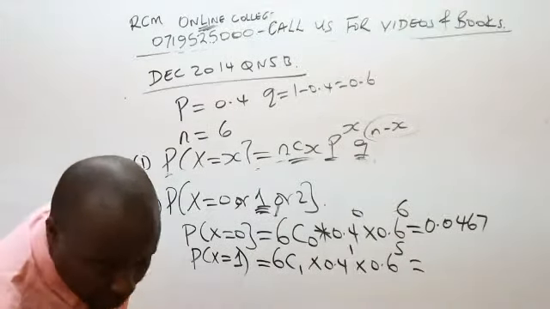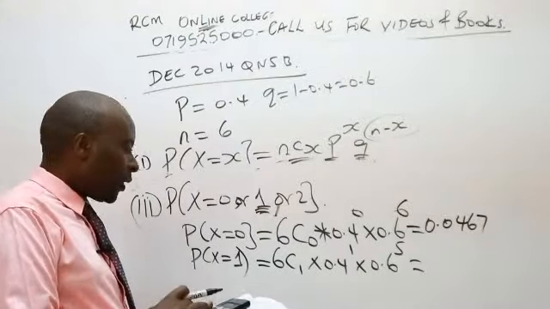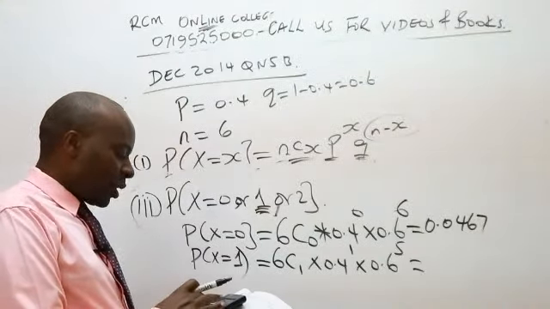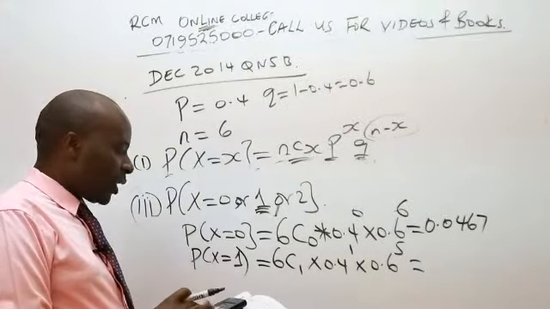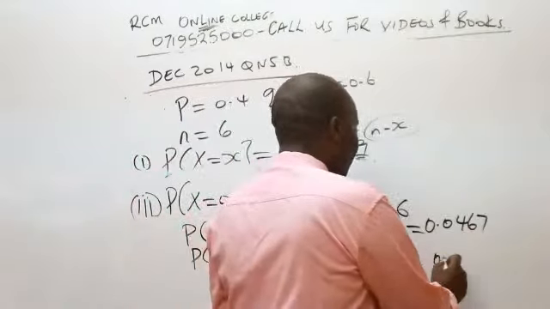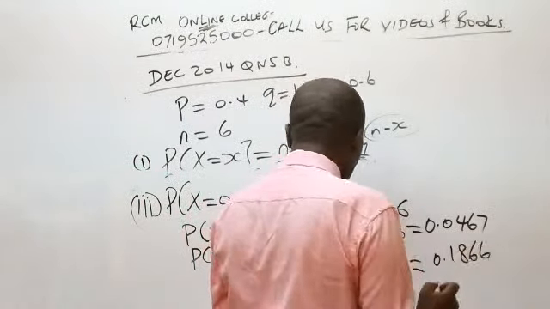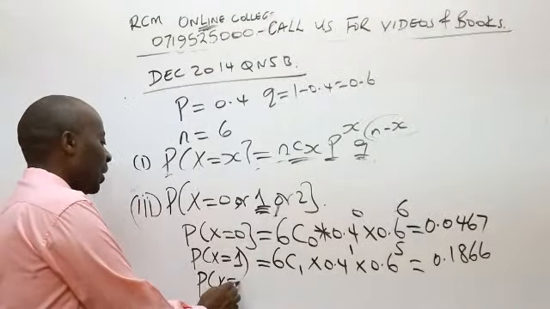So get out your calculator again. 6 combinations 1 times 0.4 raised to power 1 times 0.6 raised to power 5 gives me 0.1866. And then now we have probability of X being equal to 2.